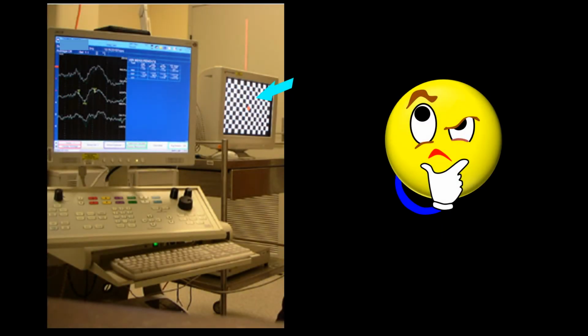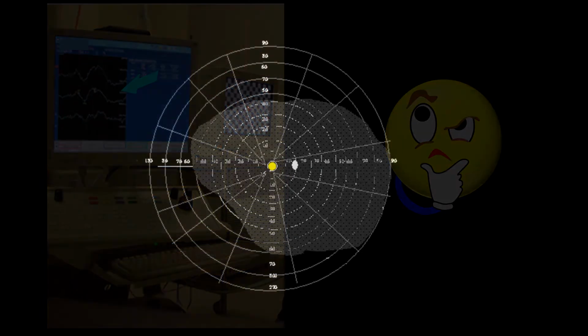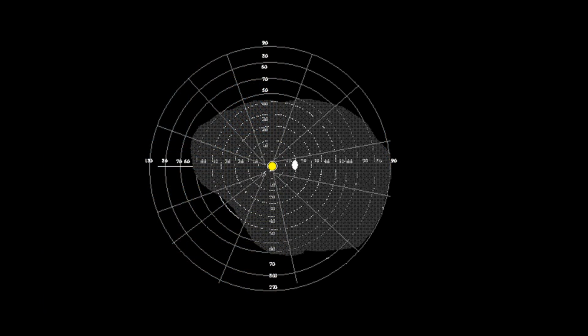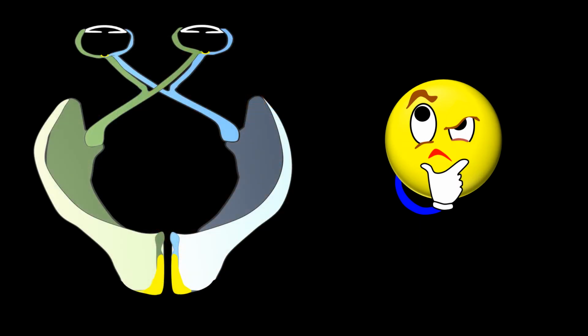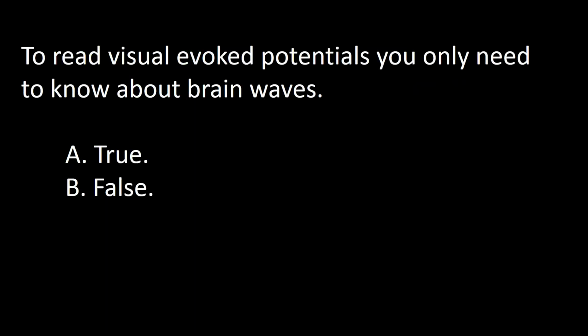To read and understand visual evoked potentials, you must know about stimulation devices, computer settings, brain wave interpretation, visual fields, eye anatomy, and visual pathway anatomy and physiology. So the answer to this question is B.